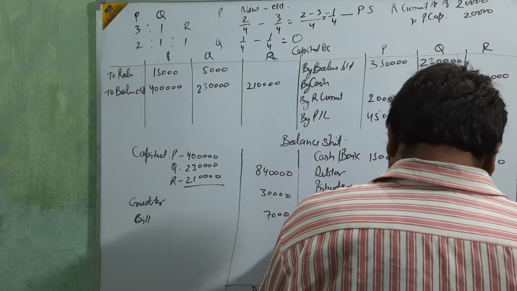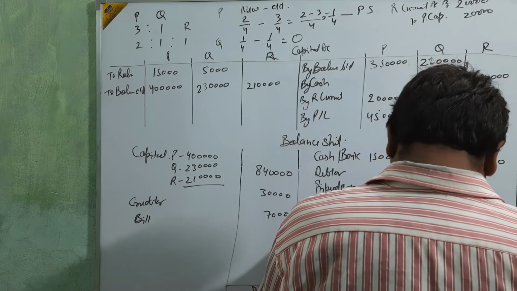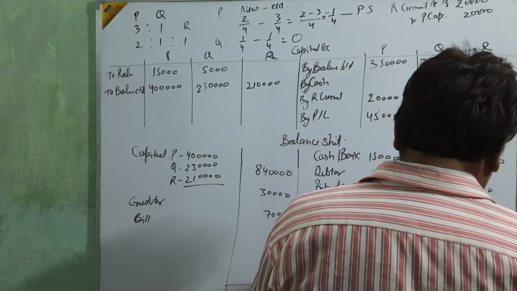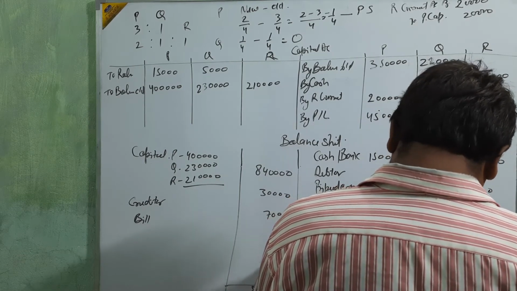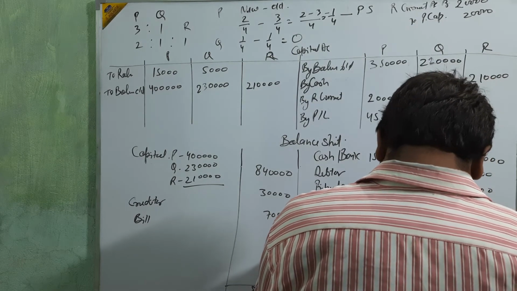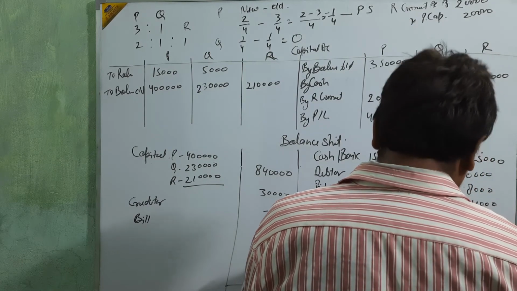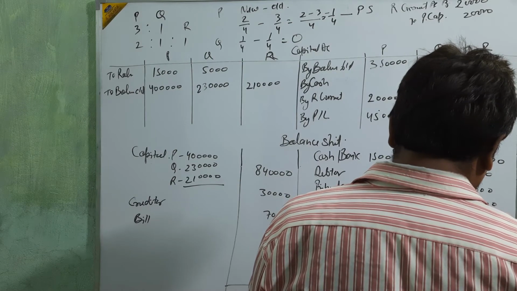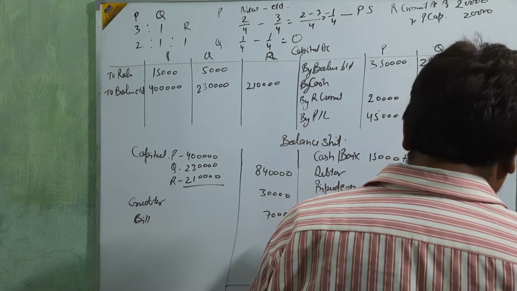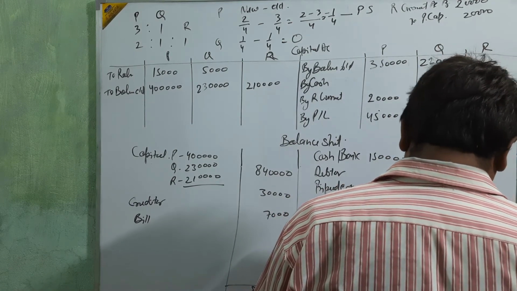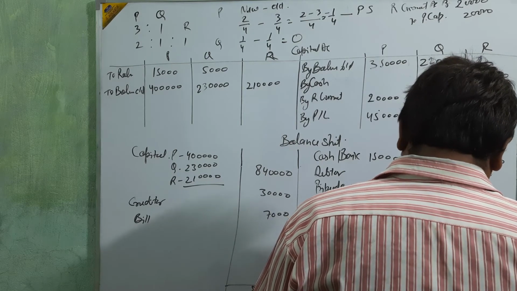Anything else? Debtors 44. Prepaid expense 12. 112, 120 and 3 lakh.